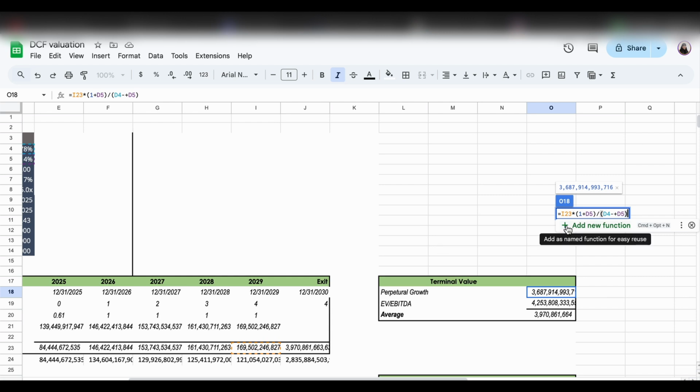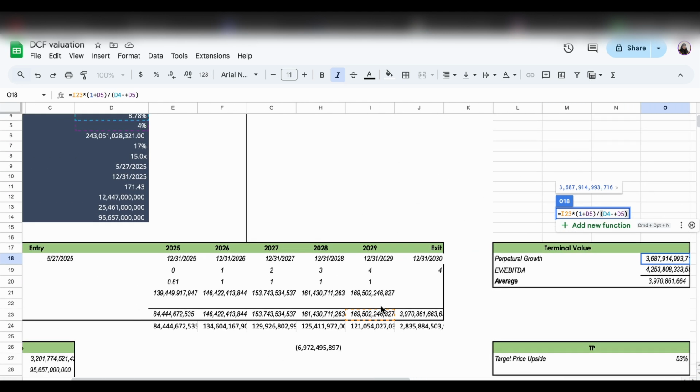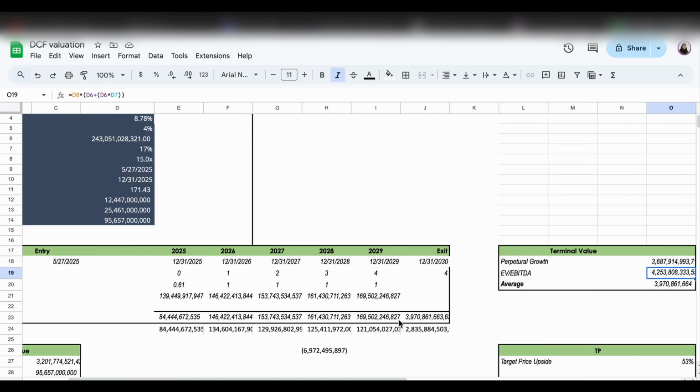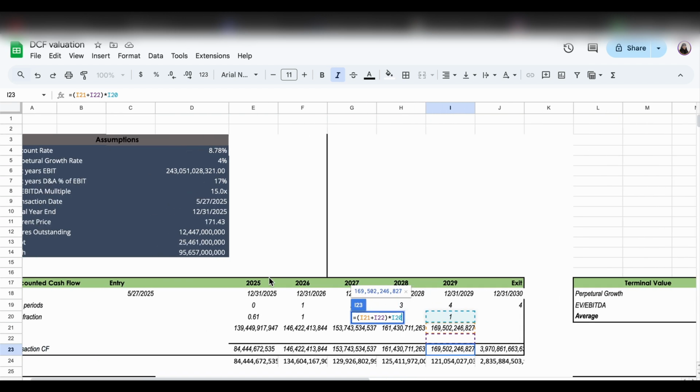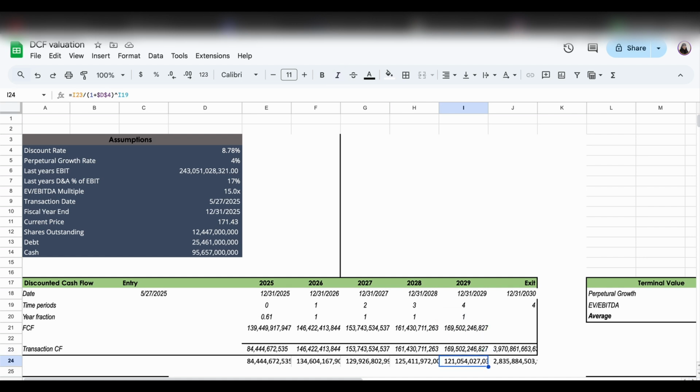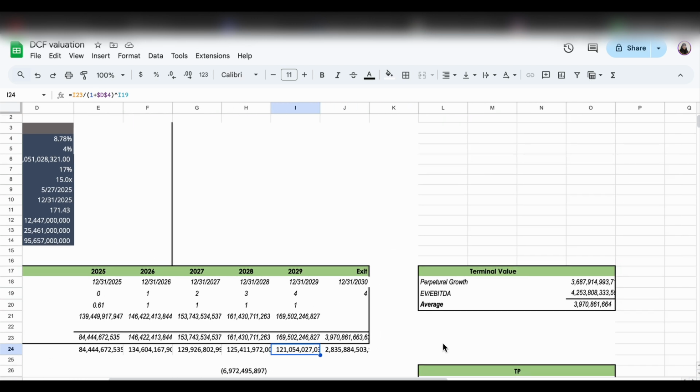So we take AI23, which is the last free cash flow that we know over here. I mean, it's our last known free cash flow that we forecasted.